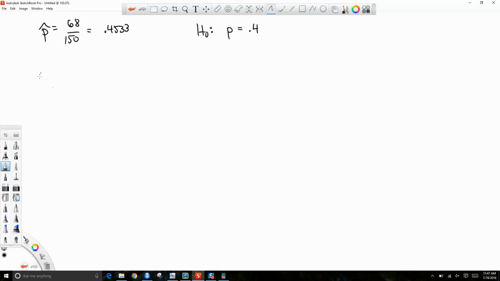Well, let's figure out the standard error. Standard error is the standard deviation of the sampling distribution. We're talking about the sampling distribution if we believe the null hypothesis were true. So in that case, we're going to use the p that appears in our null hypothesis.